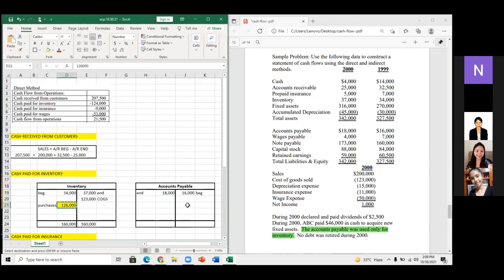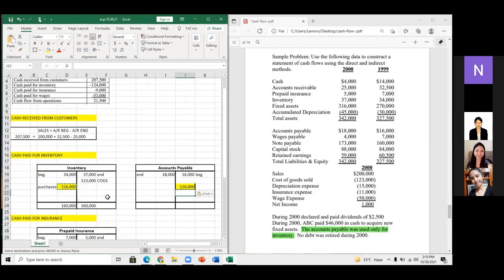Ilalagay natin siya dito. Kasi ang magiging entry natin diyan, debit, purchases, yun yung inventory. Tapos magke-credit tayo na accounts payable. Kaya nilagay natin yung 126 na amount dito sa accounts payable.